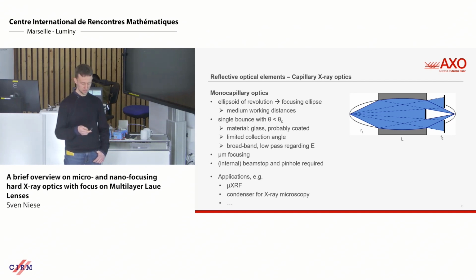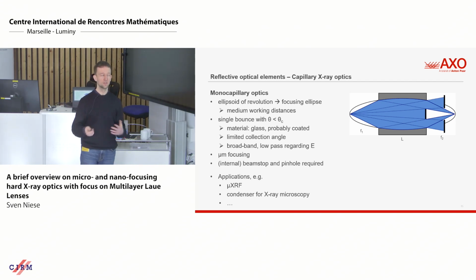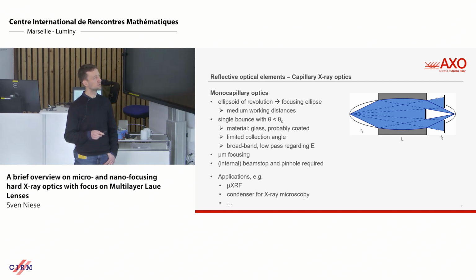That's a section of an ellipsoid of revolution, so you have a focusing ellipse in 3D. This is just a cross section of it. You have a primary focal spot and a secondary focal spot. All the rays that start here, hit the surface, and are focused to the secondary focus.